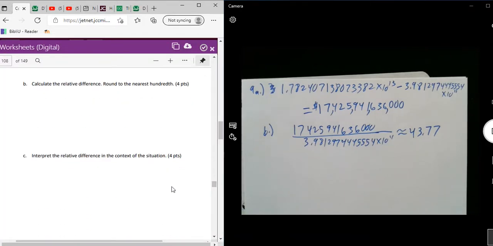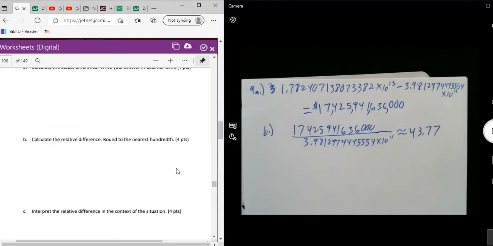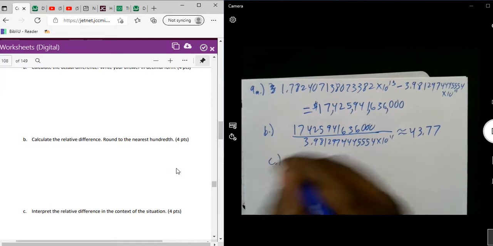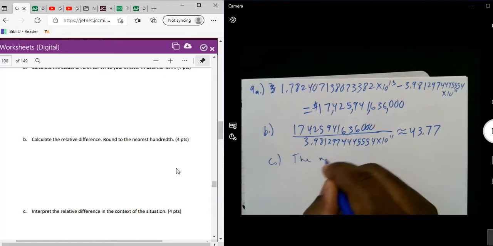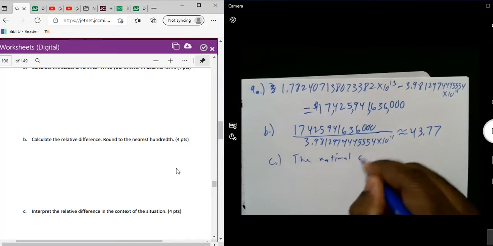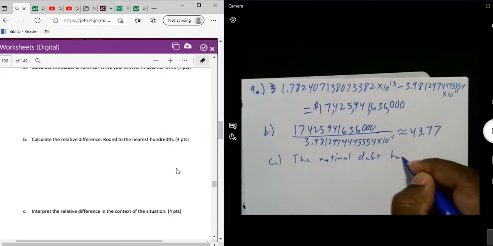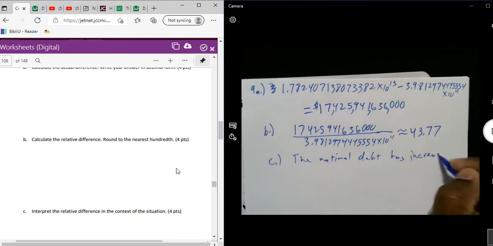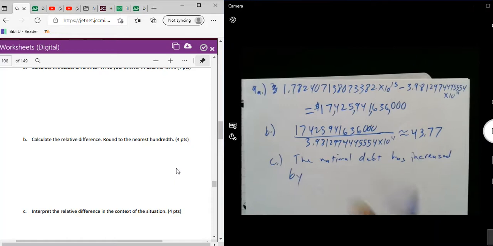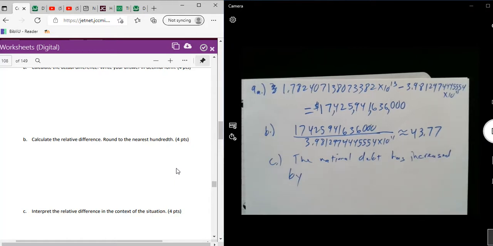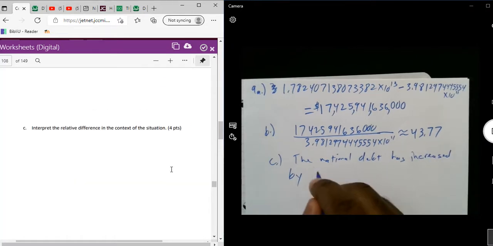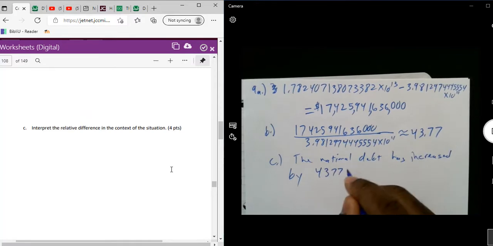All right. Interpret the relative difference in the context of the situation. So with that being said, we can say the national debt has increased by, if we change this 43.77 to a percent, about 4,377%.